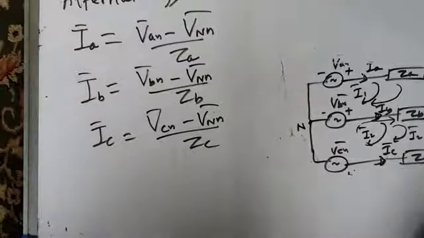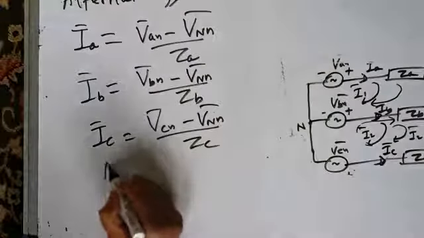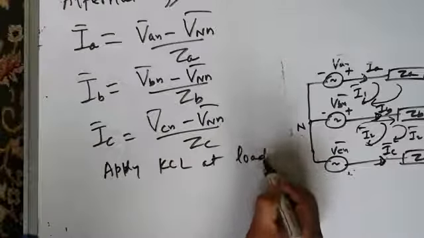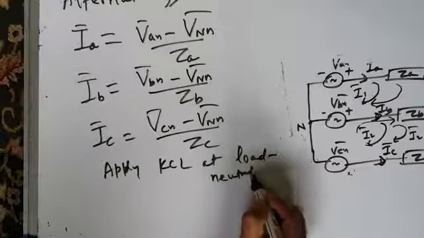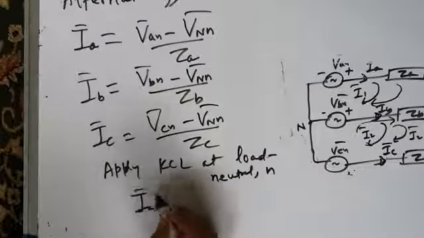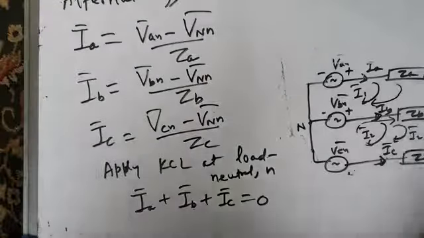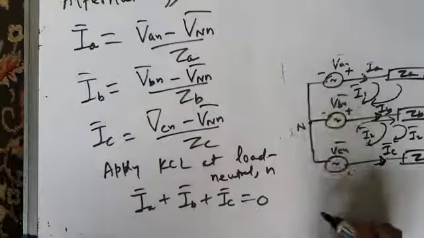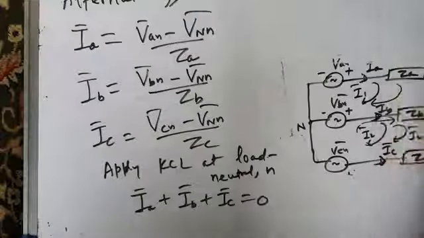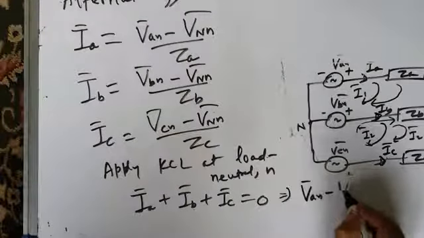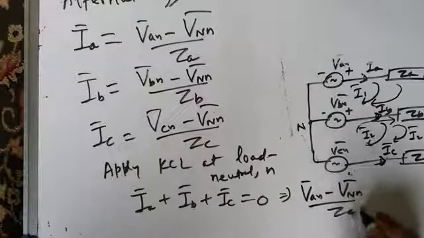Okay, if you apply Kirchhoff's current law at load neutral N, you will get IA plus IB plus IC equal to 0, because you are not providing any neutral wire. There is no path for the neutral current to flow. So the sum of three currents, IA plus IB plus IC, is equal to 0 by KCL. So what is IA? IA is VAN minus VNN by ZA plus, what is IB?